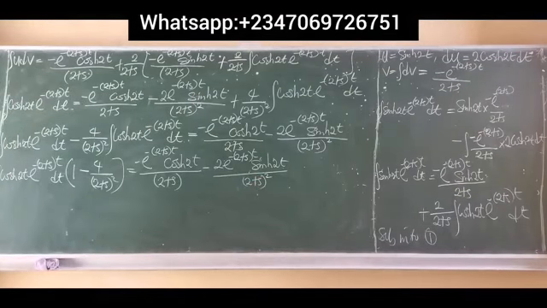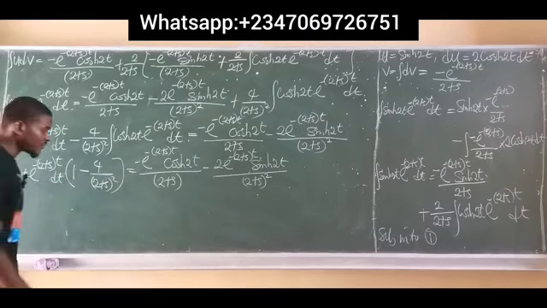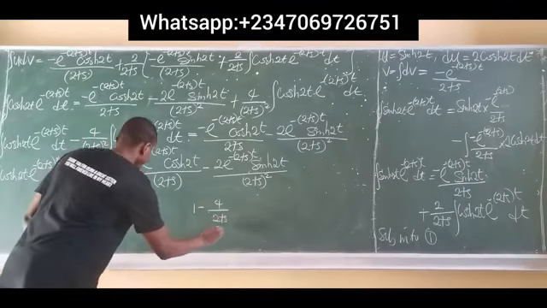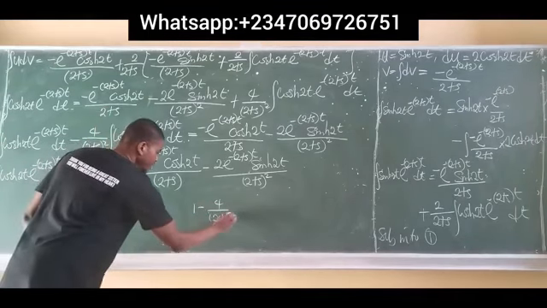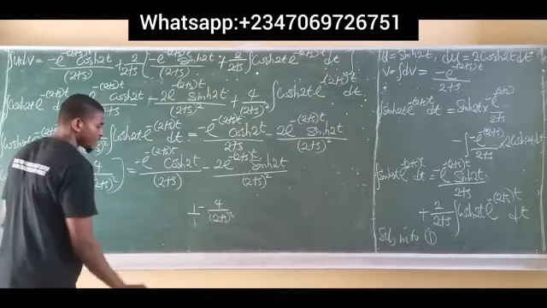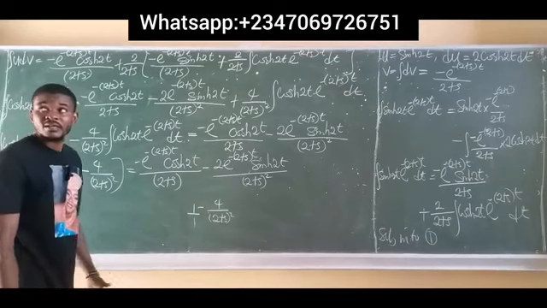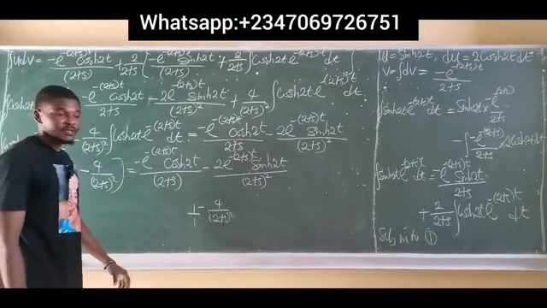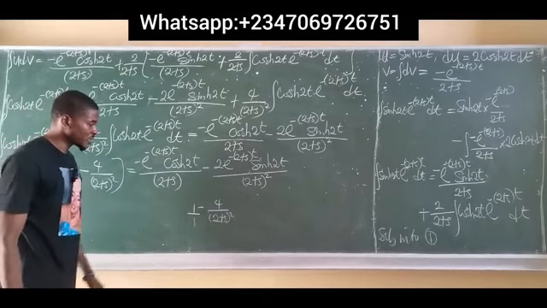Okay, at this point, we can simply take the LCM between these terms in the brackets. I have 1 minus 4 over (2+s) all squared. Now, this one can be written as 1 divided by 1. So you take the LCM. The LCM is (2+s) all squared.